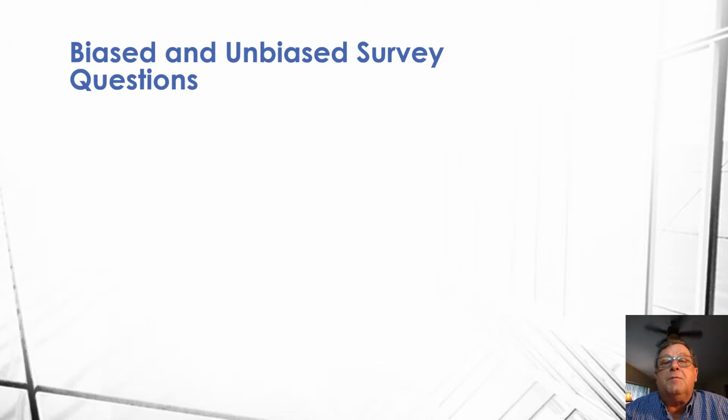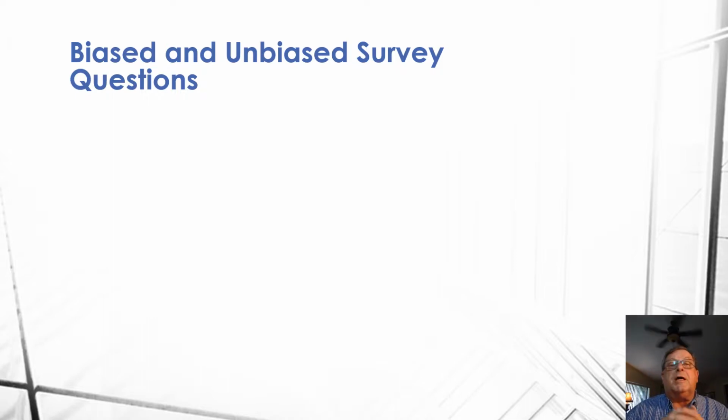Our question might evoke or introduce a strong reaction that would create bias in a survey question. And if we are introducing more than one issue, that would also introduce bias into a survey question.